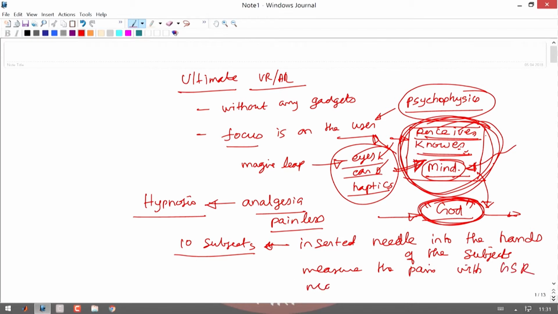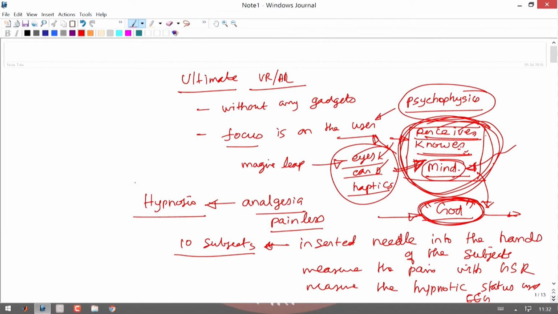We measured the hypnotic status using EEG, a particular frequency band which ensures that the subject is in hypnosis. What we found is that when the subject is in the hypnotic state, they do not feel the pain.